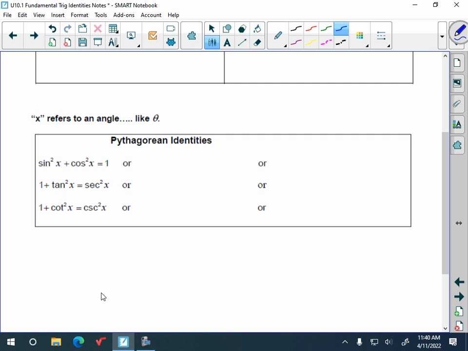Now, with each of these three, I can create two more. If I take this main one, sine squared plus cosine squared equals 1, I can subtract something over to the other side, and I create another Pythagorean identity. So, for example, I could take this and subtract cosine squared over. If I do that, then I get sine squared by itself, which will equal 1 minus cosine squared. I could take this same one and get cosine squared by itself by subtracting sine squared over to the other side.